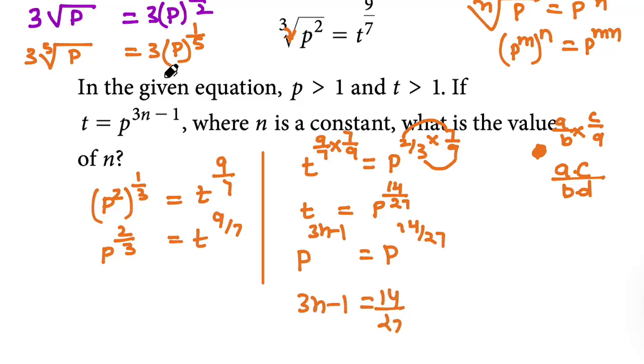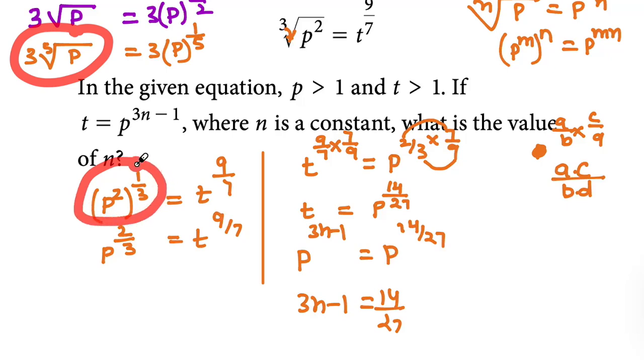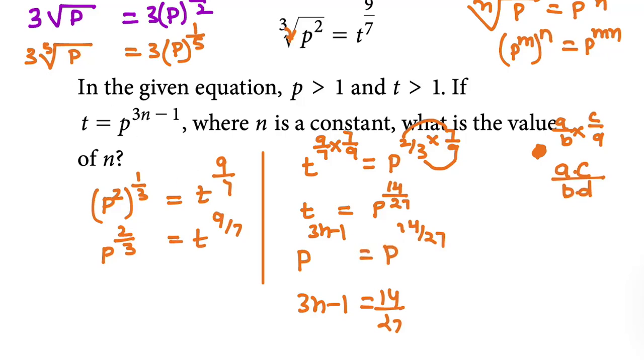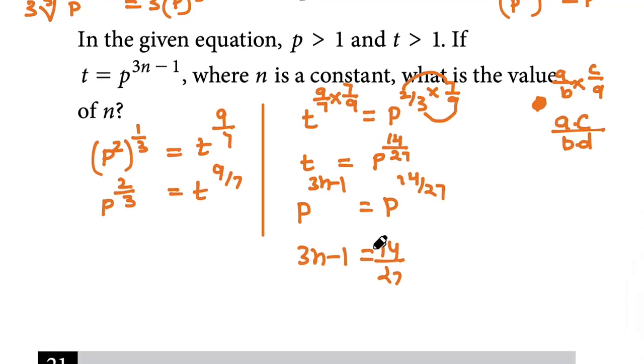So you must be checking how many rules are used. Rule number 1, rule number 2, how powers can be multiplied. Rule number 3, that when there are same bases on opposite sides, powers can be equated. Now we have to calculate n.